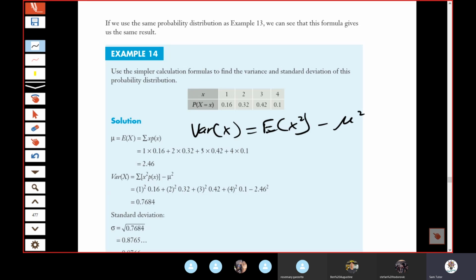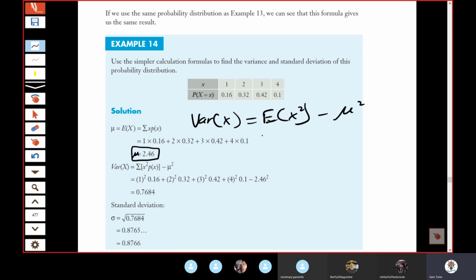Again, you still need to find mu, so you've got to do that your normal way, which is 1 times 0.16 plus 2 times this, 3 times this, 4 times this, and there it is, that becomes mu. And then your variance is E of x squared minus mu squared.